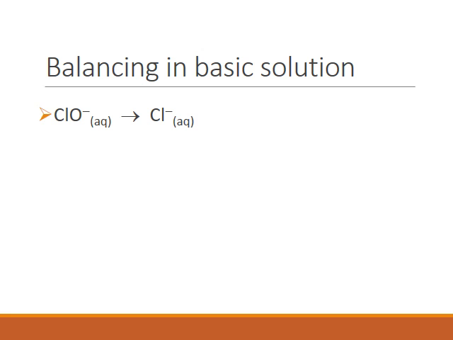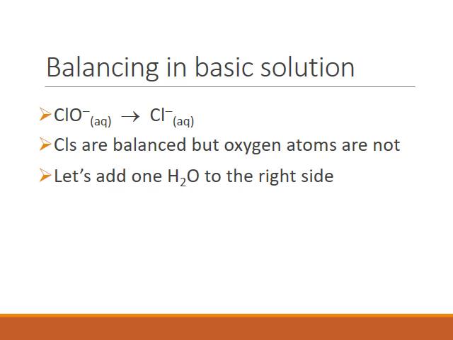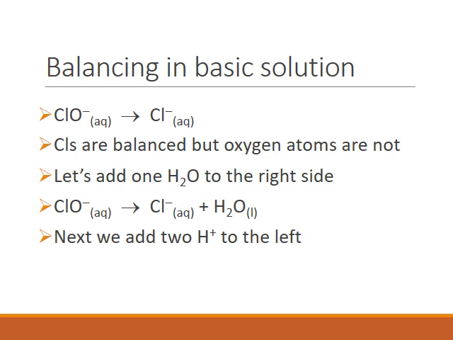Hypochlorite goes to chloride. Same number of chlorines. Oxygens are not. So let's add 1 water molecule to the right-hand side. We now need to add 2 H+ to the left-hand side, giving us this reaction.